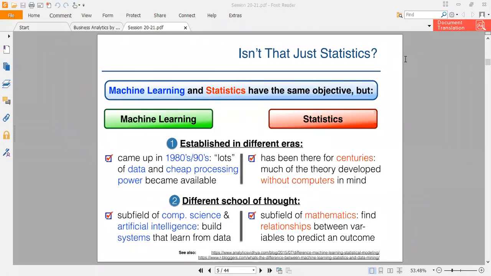So statistics is a very old field, machine learning is relatively recent, and then they come from some different schools of thought as well. Statistics is a field of mathematics, so that's a subfield of maths, and machine learning is basically a subfield of computer science.